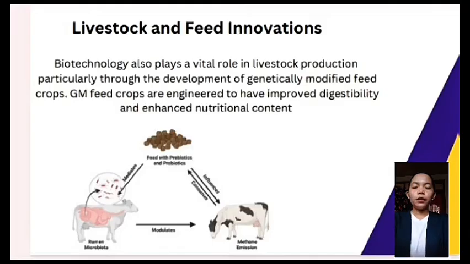Biotechnology also plays a vital role in livestock production, particularly through the development of genetically modified feed crops. GM feed crops are engineered to have improved digestibility and enhanced nutritional content, leading to healthier livestock, improved growth, and more efficient meat and milk production.